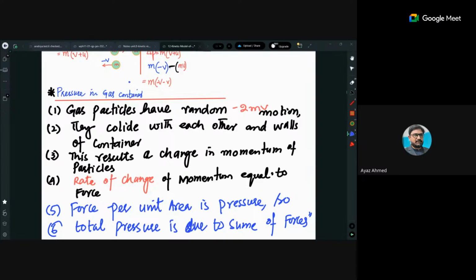So the total pressure will be equal to the sum of the contributions of every single particle. So that is quite sequential.